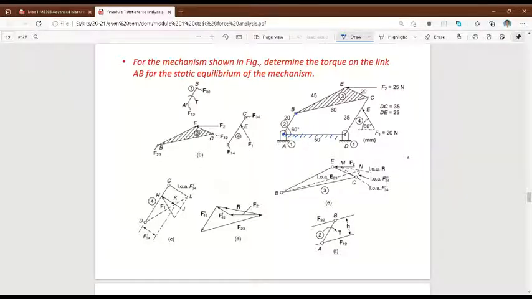Then take your protractor, take 60 degrees, and draw AB on that 60 degree line. AB length is 2 cm. We are drawing the space diagram.